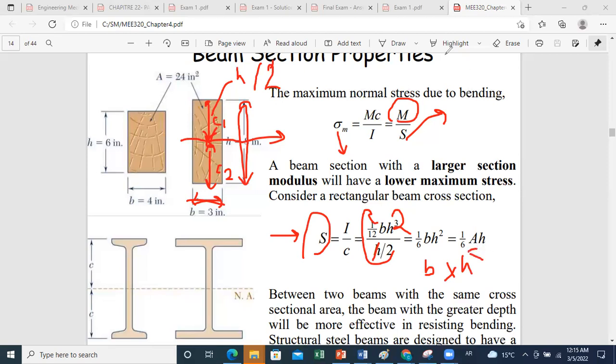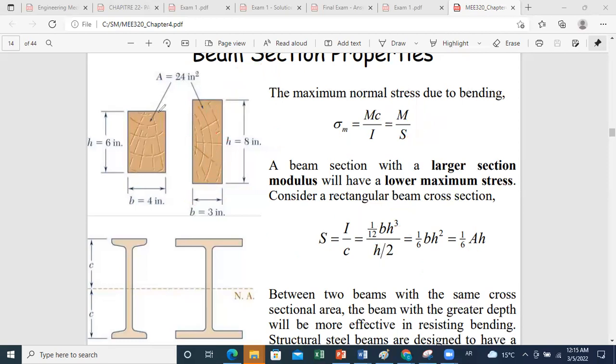So you can deduce that for the same cross-sectional area, a better design will be to have a larger height, because a larger height will induce a larger value of S, which corresponds to a smaller value of the maximum stress. So for the same area, if you have to select between these two sections, you will select this one because it will ensure a lower maximum stress developed in your section in case of pure bending.